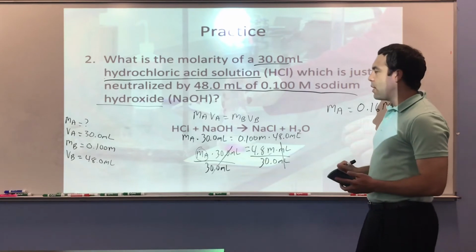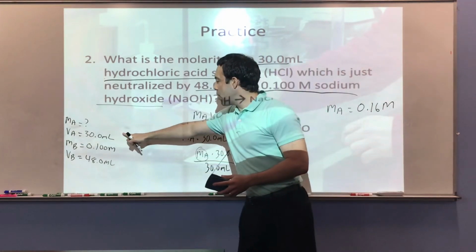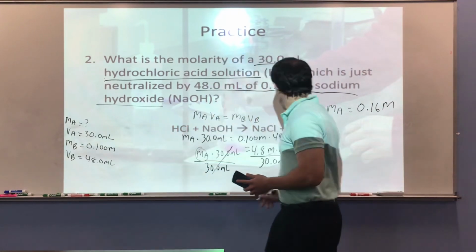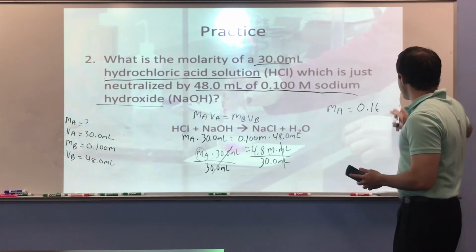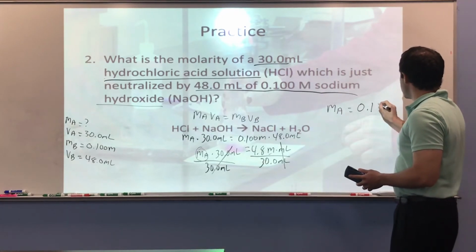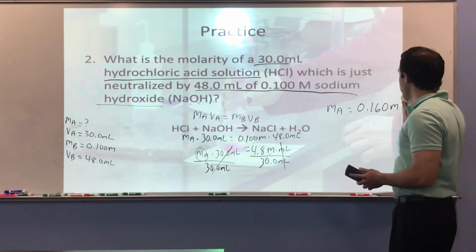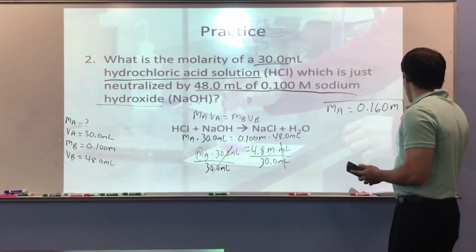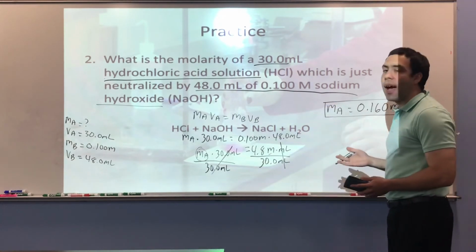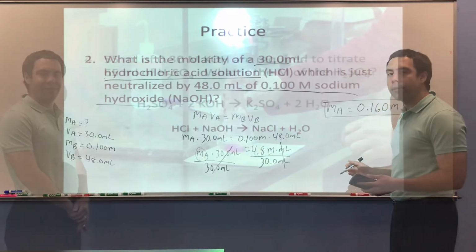We look at our significant figures, 3 significant figures, 3 significant figures, 3 significant figures. So a better answer actually would be 0.160 molar to give it 3 significant figures, and that is our final answer. So we box it off.